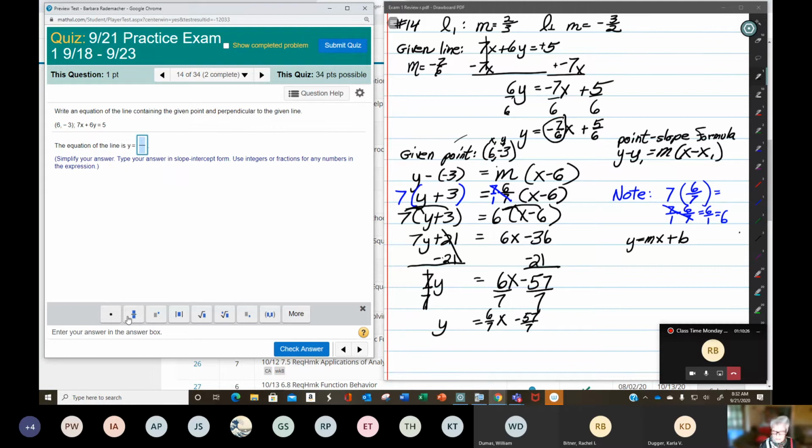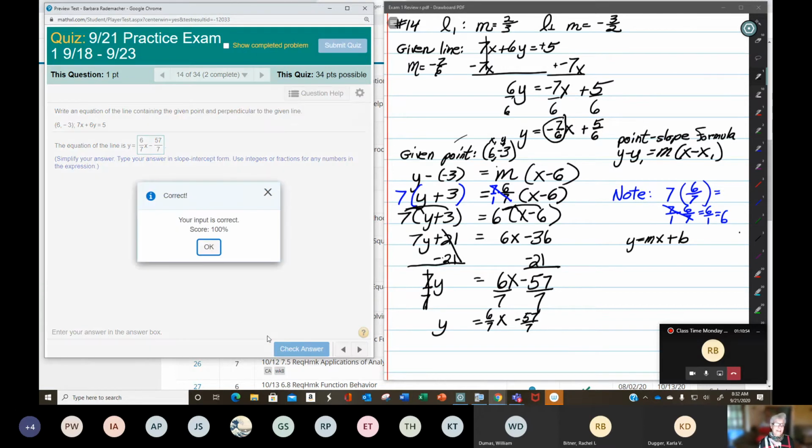So 6, 7, I have to hit the right arrow to move right, x minus, and here I think I can just say 57 divided by 7. Numbers are easy. I could have done that first, I think. Let's see if that works. Yes, it does. Let's see if the answer is correct. Yes. Okay.